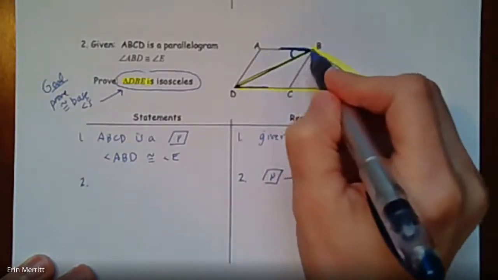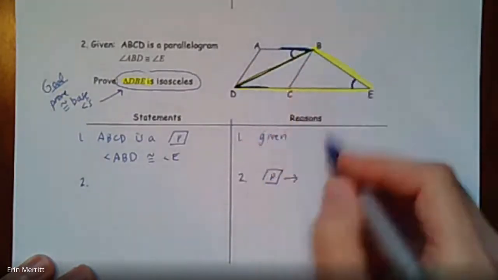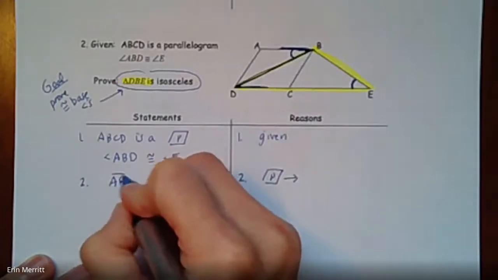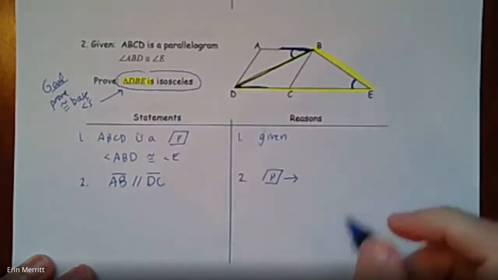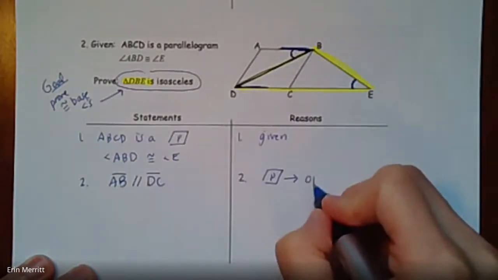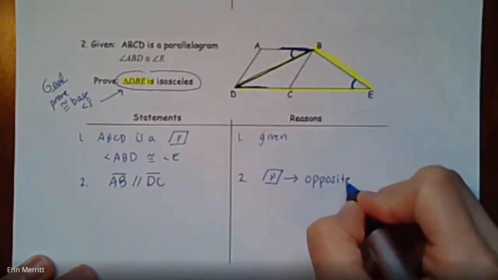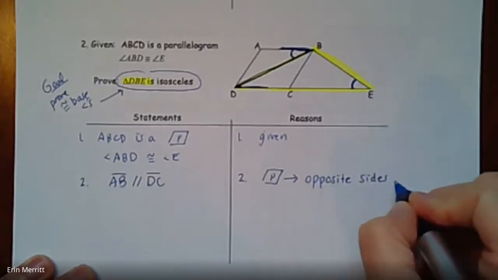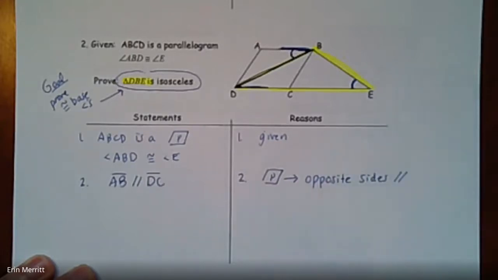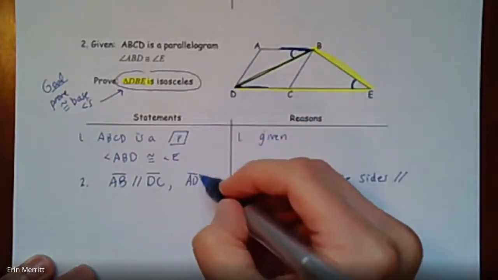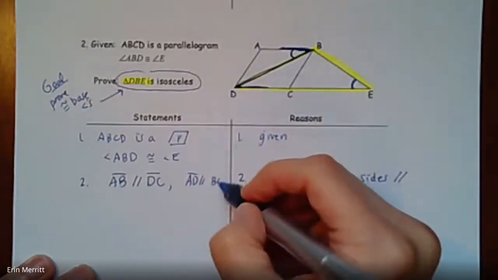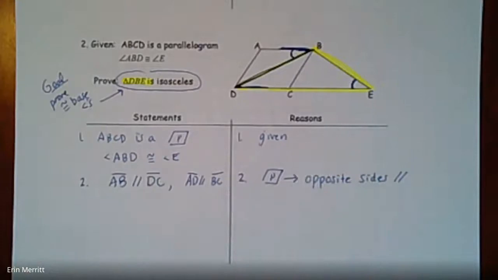So specifically, the ones that I traced out would be AB and DC. But if you're ever not sure, then just state both pairs. So opposite sides parallel. If you want to in that same step, feel free, cover your bases. You could say AD is parallel to BC, and then you'd never have to worry about, did you say the right pair or not?